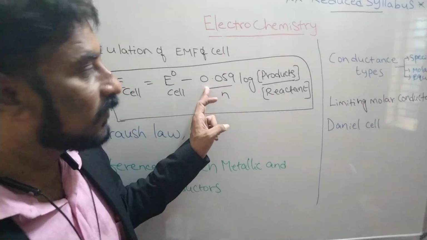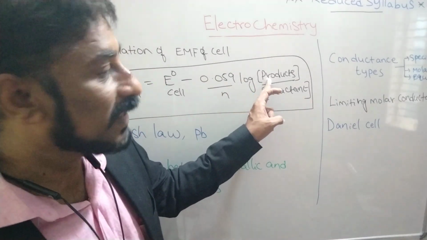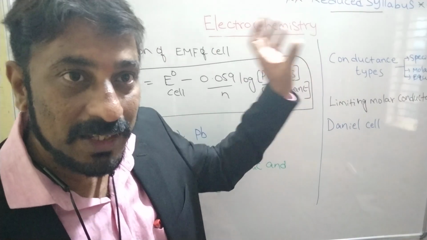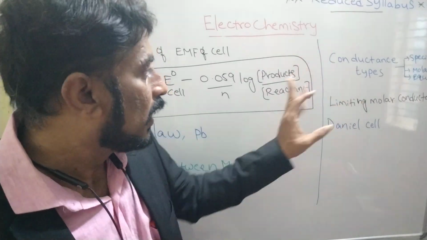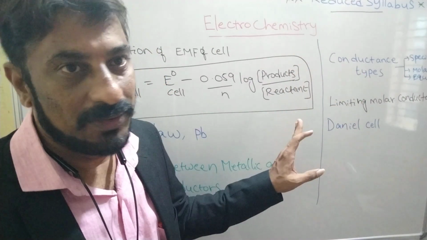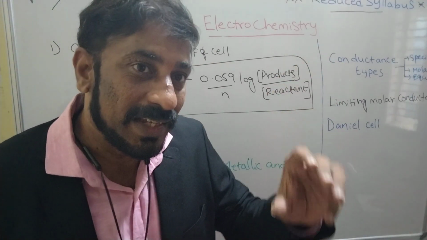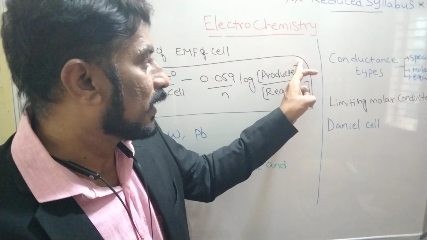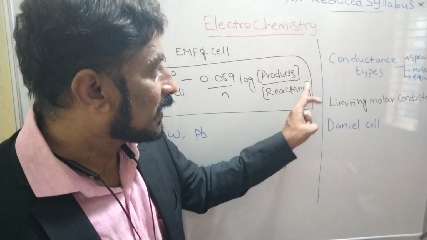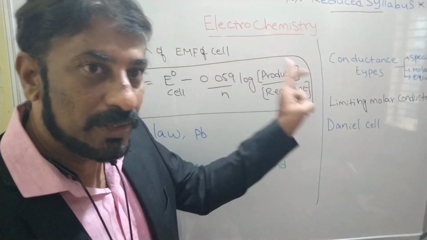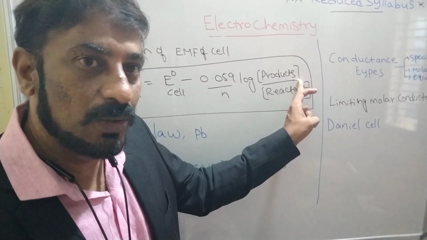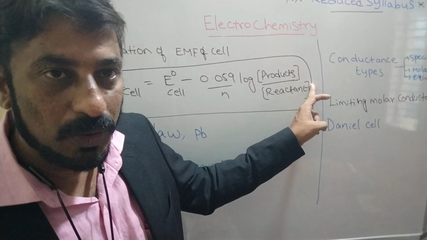This is the constant value, and for the log of concentrations, they will give the concentration on the product side and the reactant side. If any product or reactant has a number of moles, you take that number as a power. If 2 moles are there, you consider that concentration whole square. If 3 is there, whole power 3.